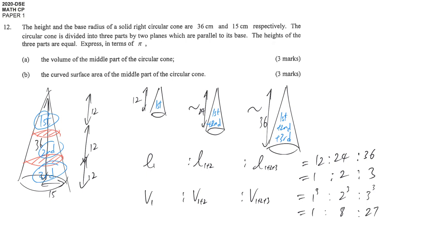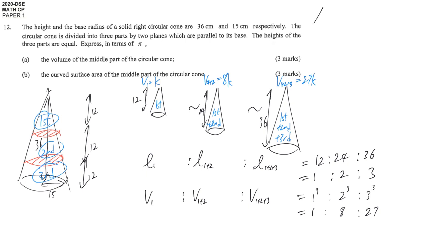So if we let this volume be 1 unit, say 1K, then V1 plus V2 is equal to 8K, and V1 plus V2 plus V3 is equal to 27K.